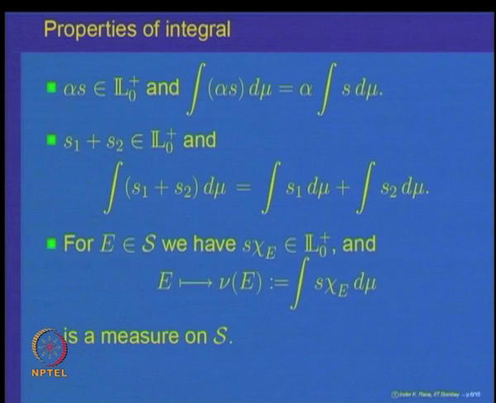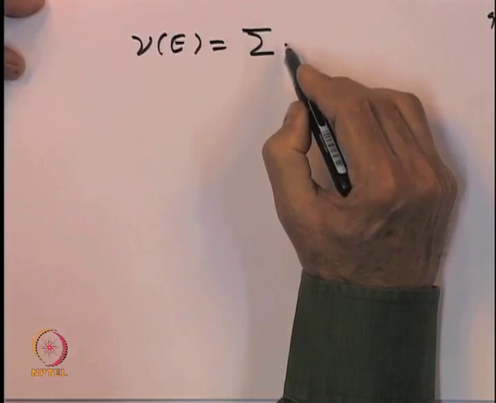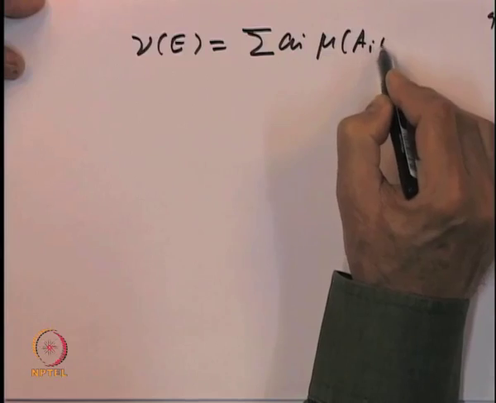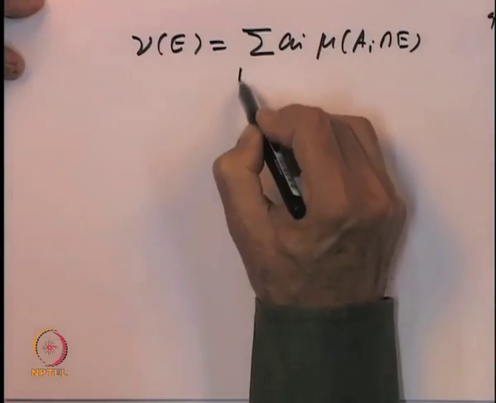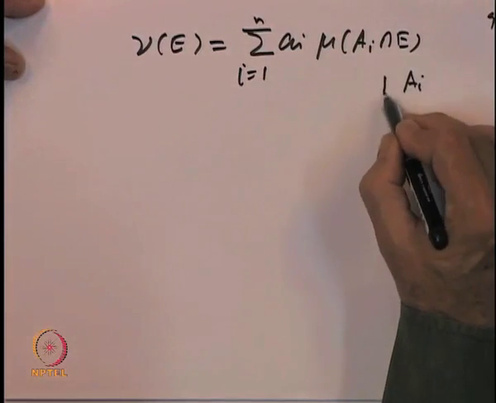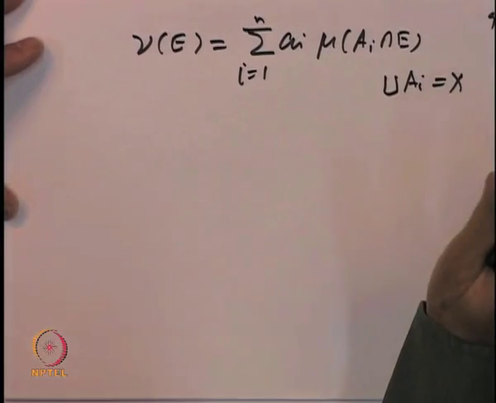To check it is a measure, what do we have to check? Nu of a set E is defined, by our previous calculations, as sigma a I times mu of A I intersection E, I equal to 1 to n, where the A I's are a partition of X and are always in the sigma algebra.